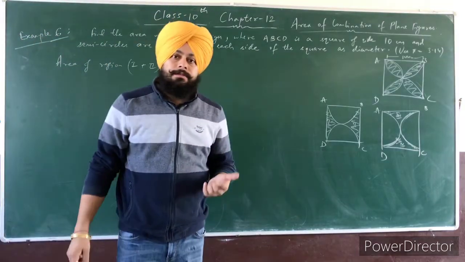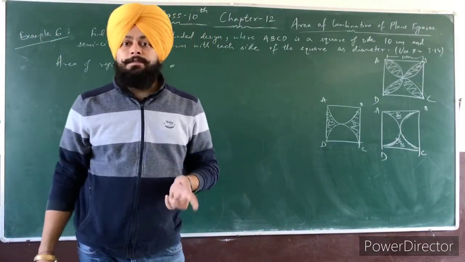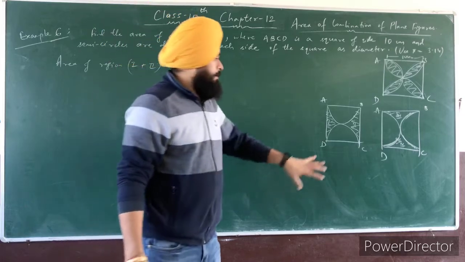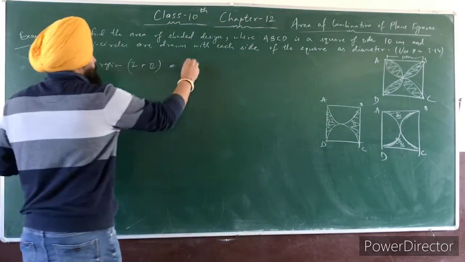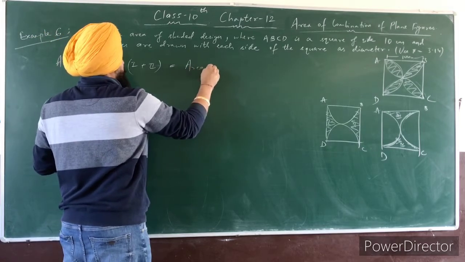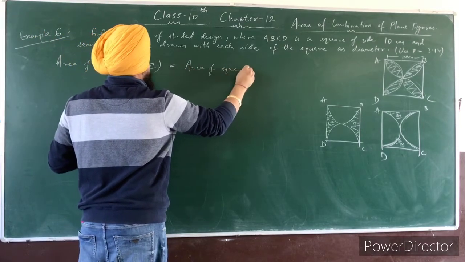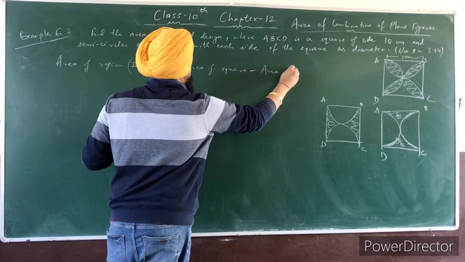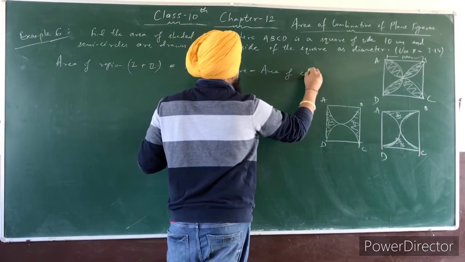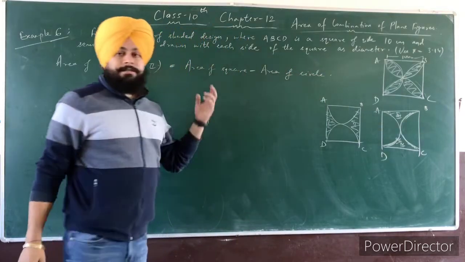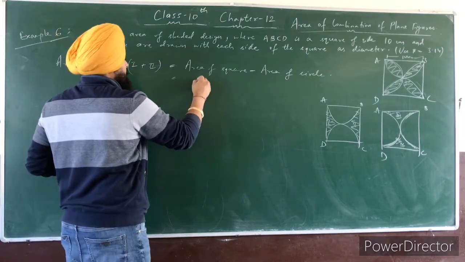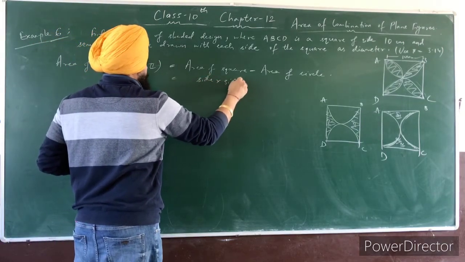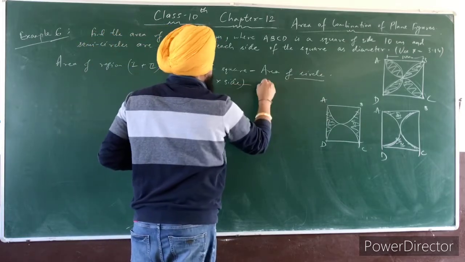The area of square is side into side, and the area of circle is pi r square. So we get the area of region 1 and region 2. Area of square minus area of circle. You can write circle or you can write 2 semicircles, it's the same thing. So what is the area of square? It is side multiplied by side. Area of circle is pi r square.